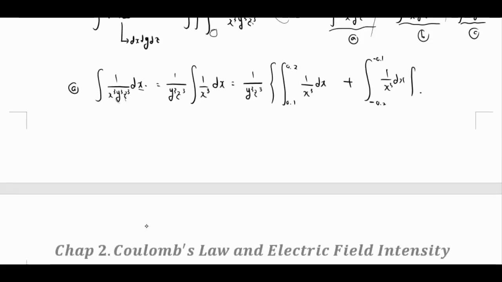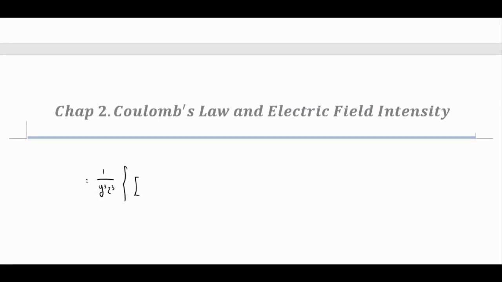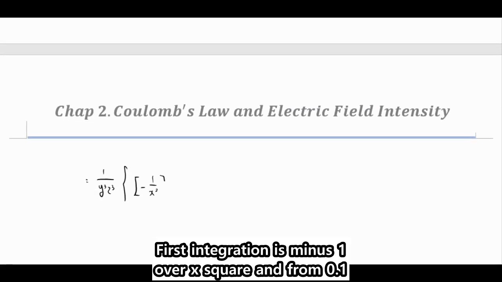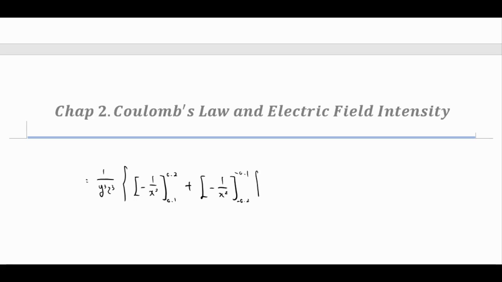The first integration is minus 1 over x squared from 0.1 to 0.2, plus minus 1 over x squared from minus 0.2 to minus 0.1.